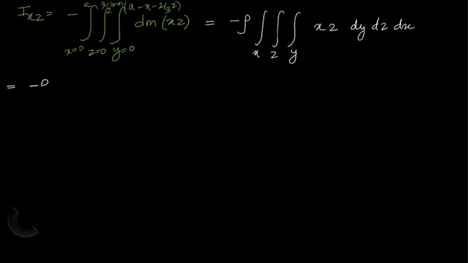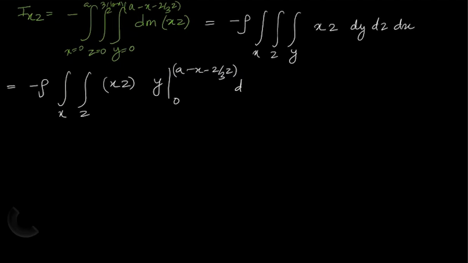So let's start with the integration with respect to y. So this will be y, putting the limits 0 to a minus x minus 2 over 3 z, and then dz dx. So let's put the limits. So minus rho xz integrals xz (a minus x minus 2 over 3 z) dz dx.